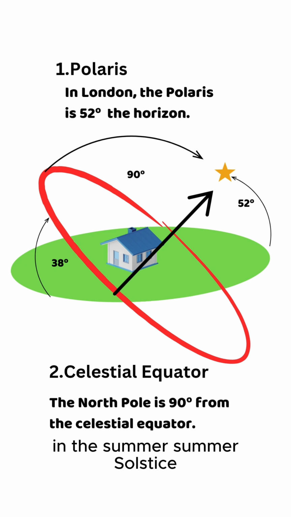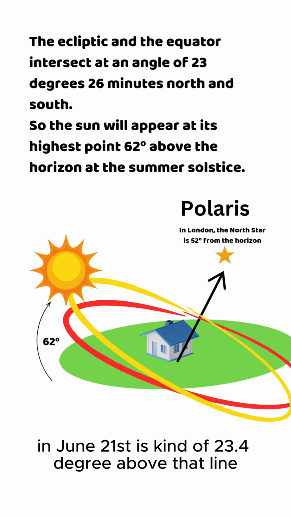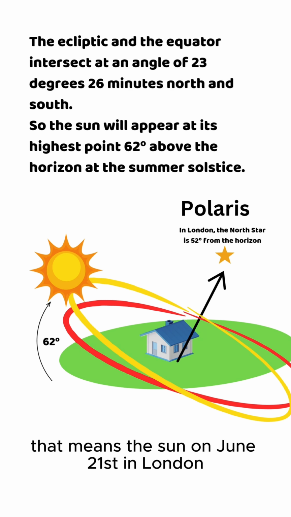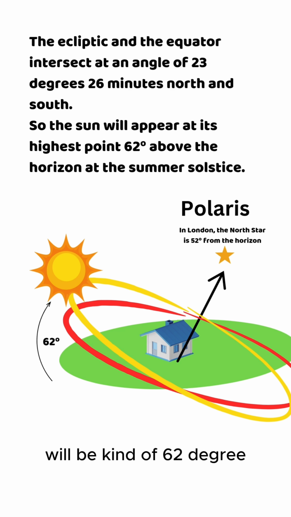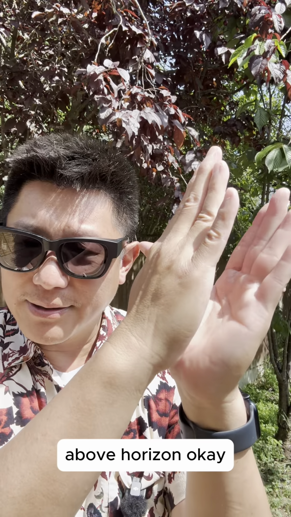Now, that is my starting point. In the summer solstice, the June solstice on the 21st of June, the sun is 23.4 degrees above that line. That means the sun on the 21st of June in London will be about 62 degrees above the horizon.